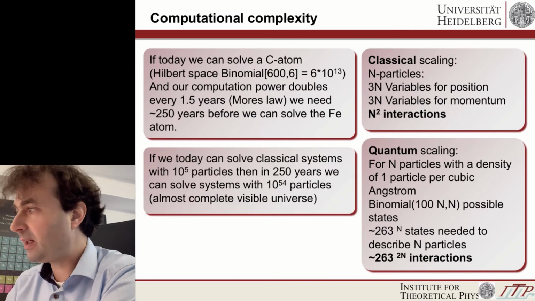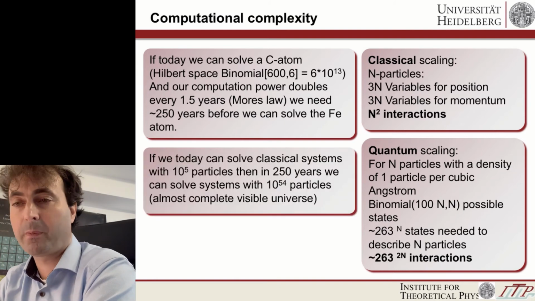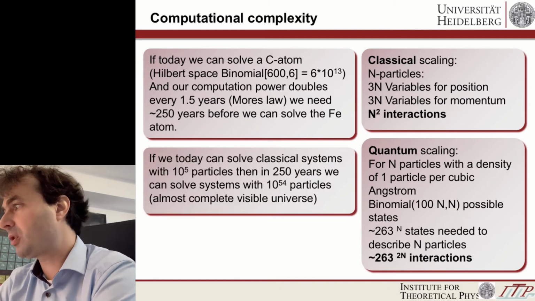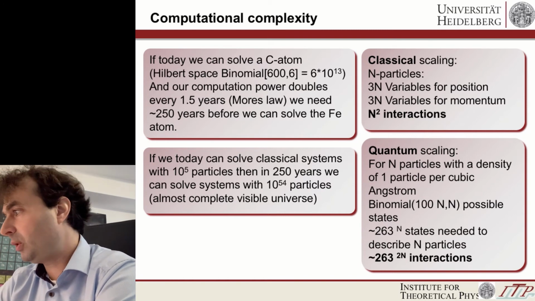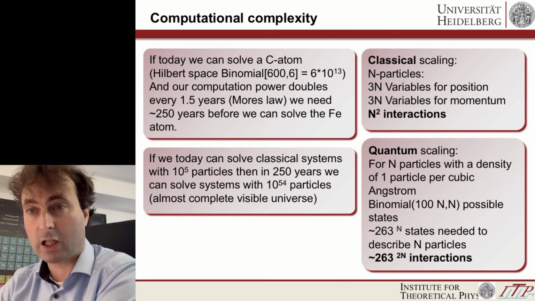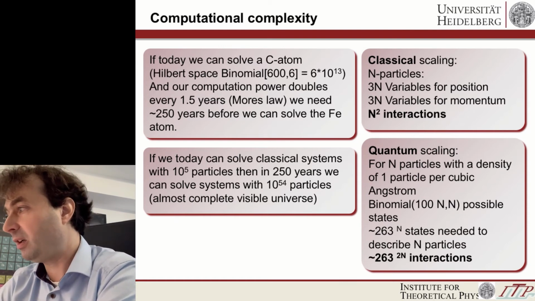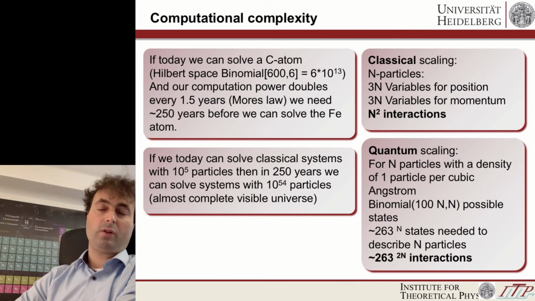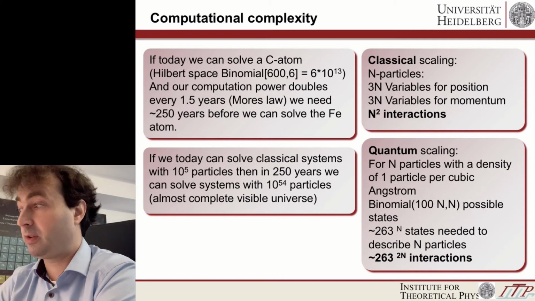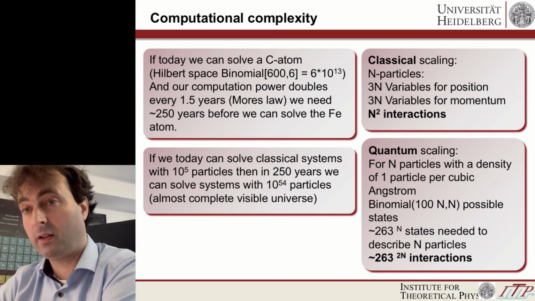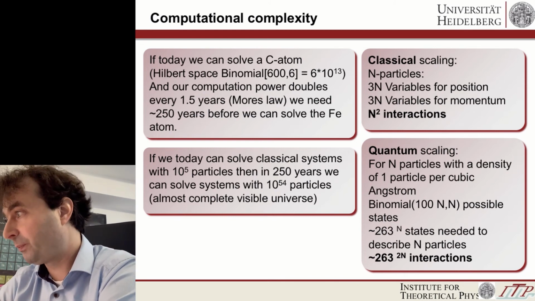If we take the same problem classically and say today we can solve a system with 10 to the 5 particles, then in 250 years, with this exponential growth doubling every year and a half, we can solve systems of 10 to the 50 particles. Well, that's almost the completely visible universe in terms of particles that we can understand.